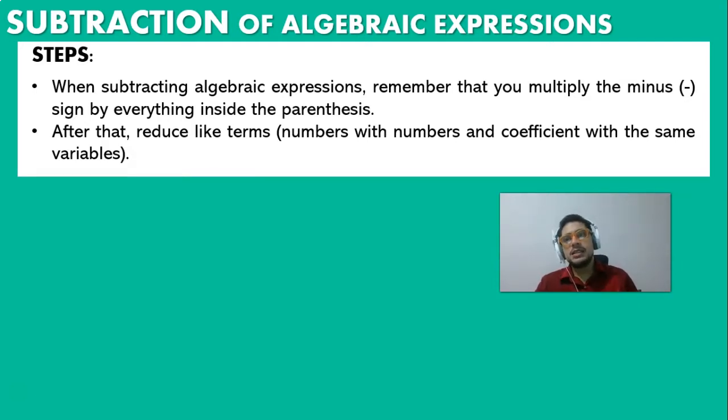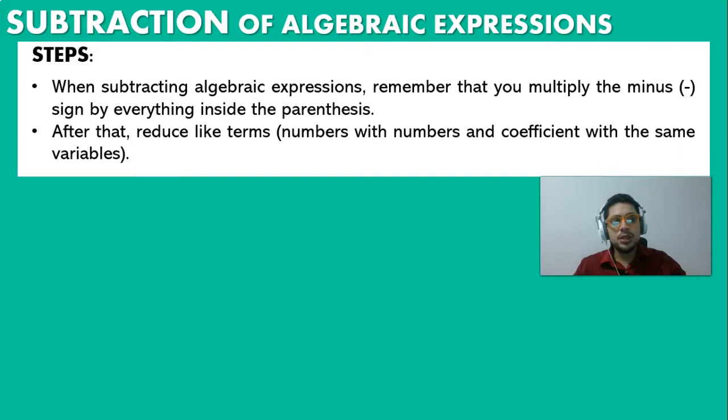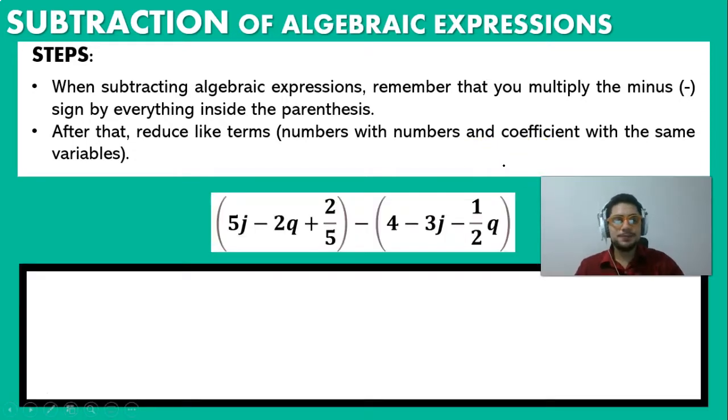So that means that because we're multiplying by a negative sign, we can take everything out changing the sign. Then after that, you have to reduce like terms, right? So numbers with numbers and coefficients of the same variable, so x and x, y and y together, okay? So let's try solving the problem.